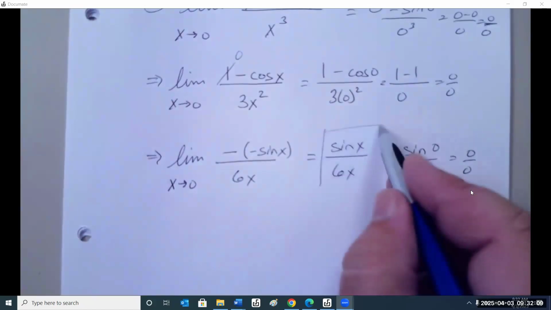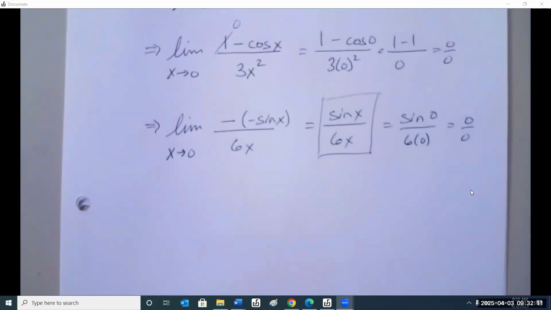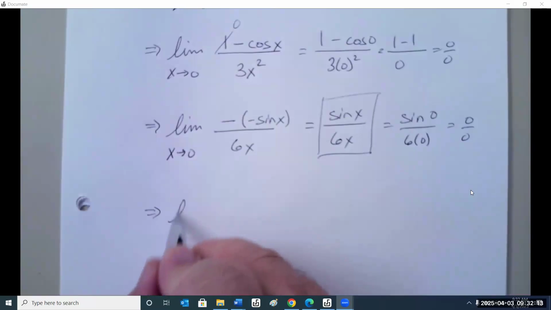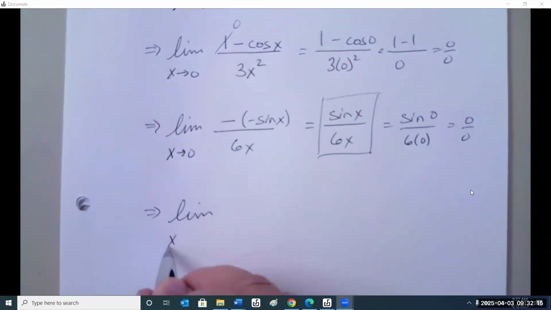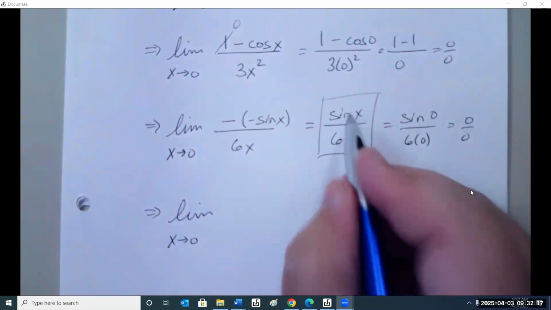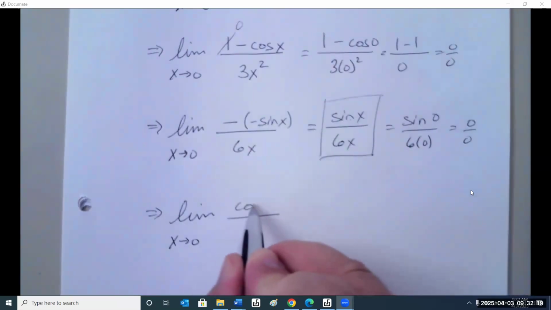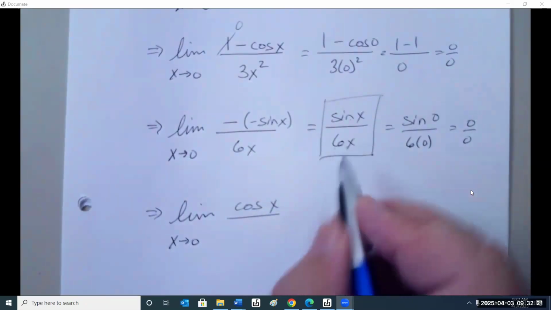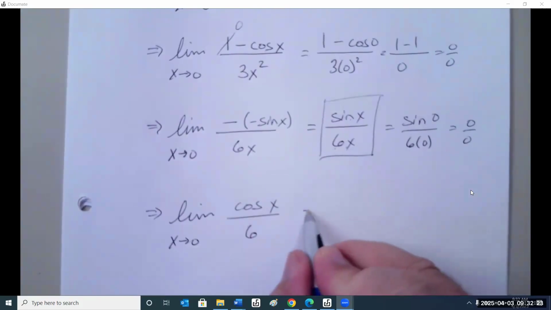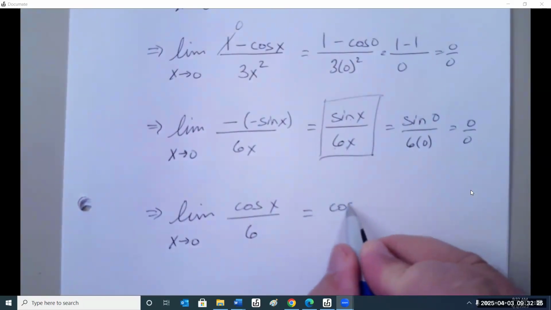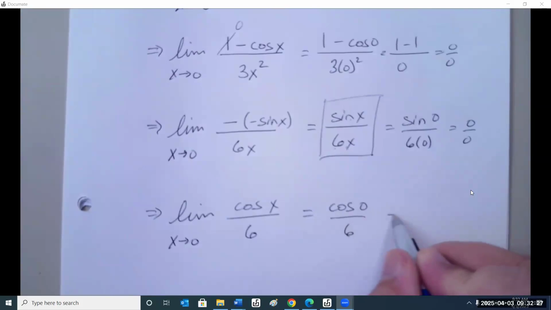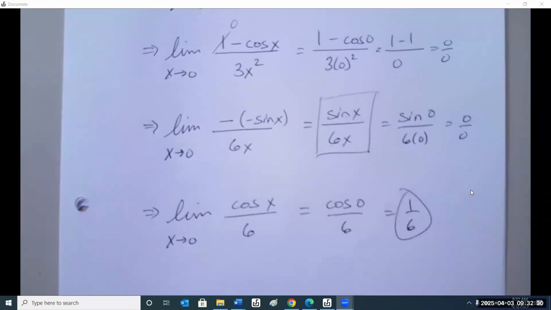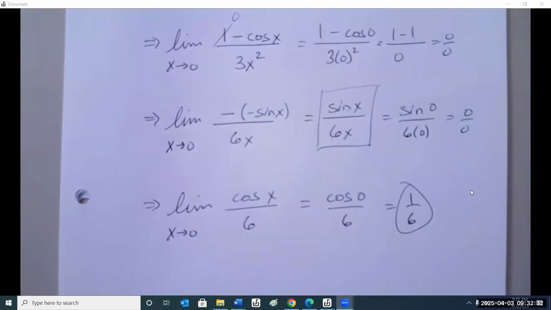So we take a derivative of this function. Derivative of sine is cosine. Derivative of 6x is 6. One over 6. All that for 1 over 6.